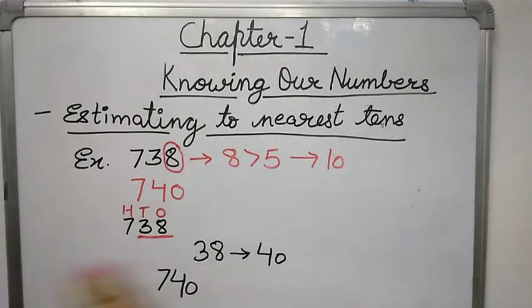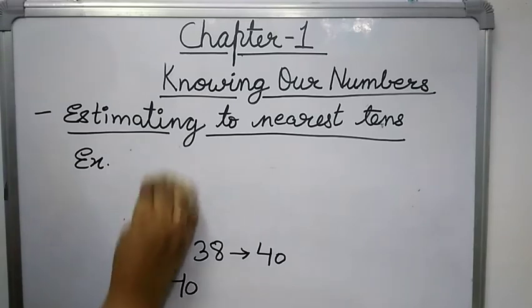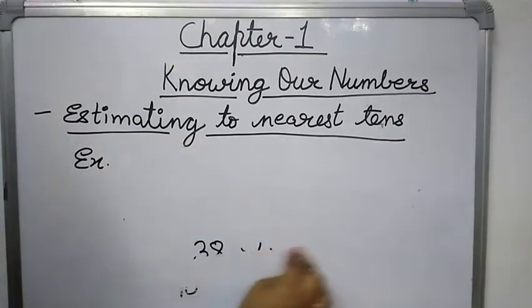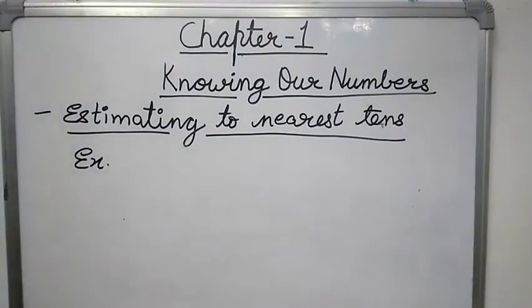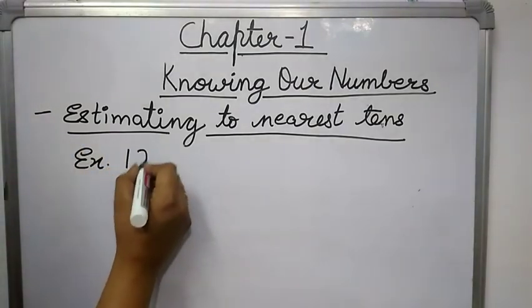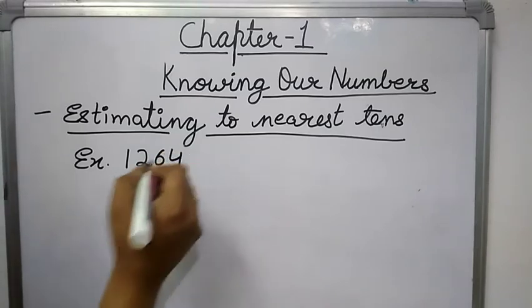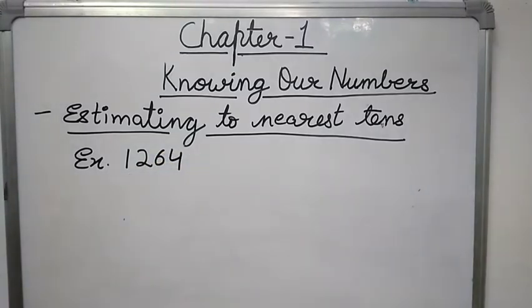In the same way, we can estimate any number to nearest 10. Let's take some other examples also. We need to estimate 1264 to nearest tens. So what we will do?